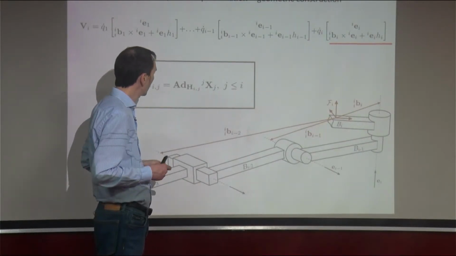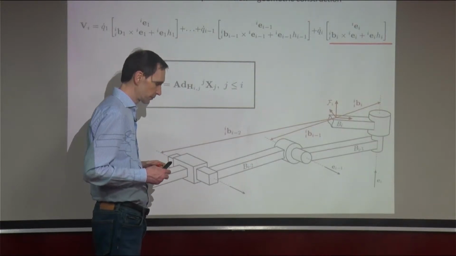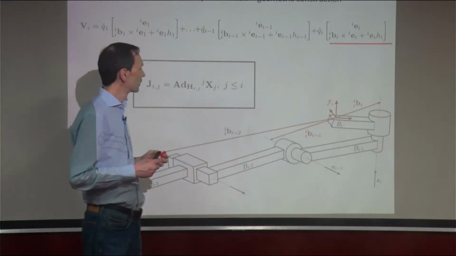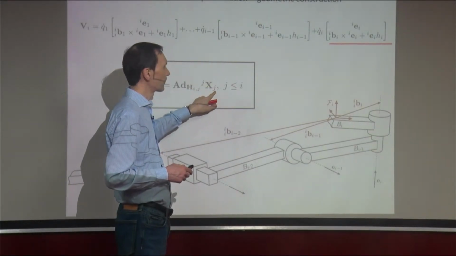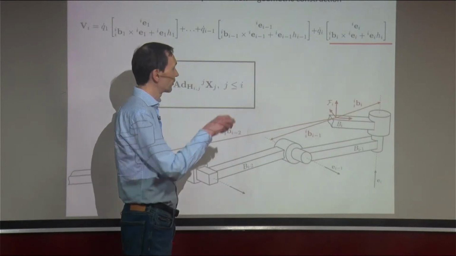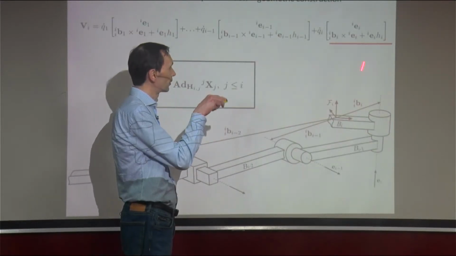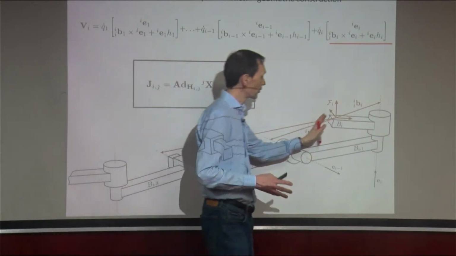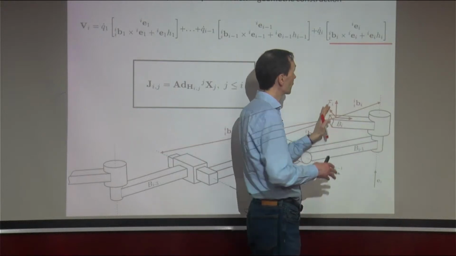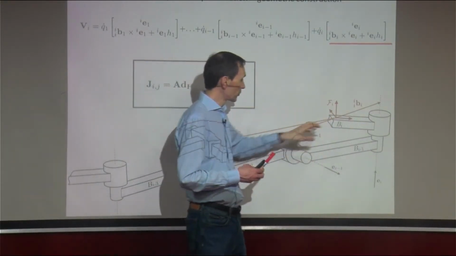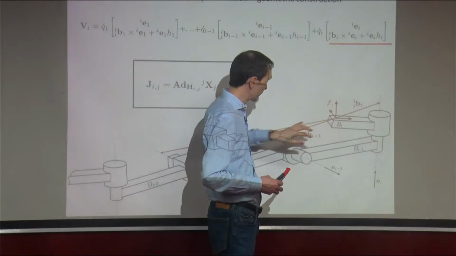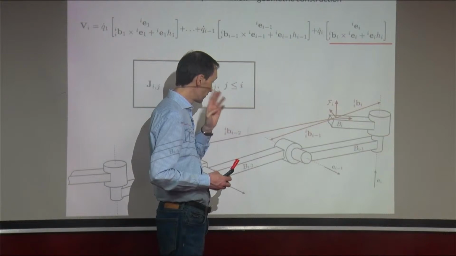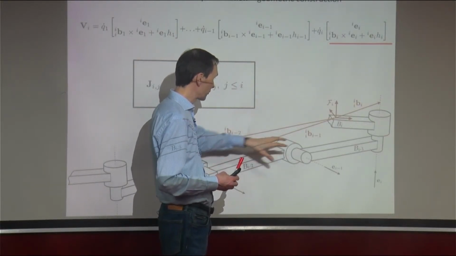How to explain this? The screw coordinate vector xj, or xi, this one here, is the one that we constructed out of this picture, and it is constant because x is constant. In order to transform this screw coordinate vector into a different frame, it's a bit of a problem, because I should have J here and I.